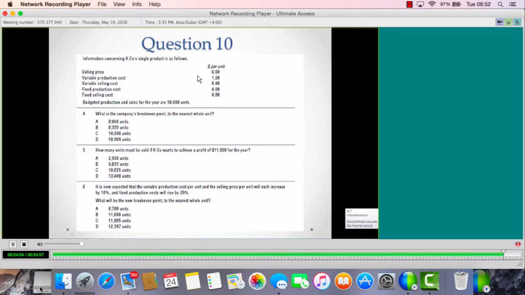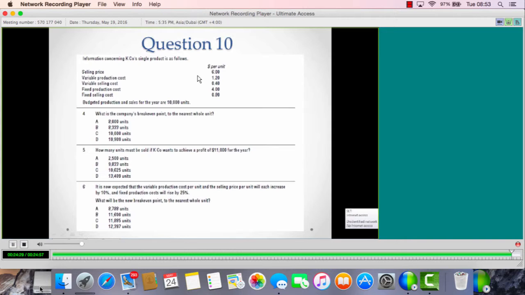Tell me now, to calculate the break-even point, what should you know? The contribution. Contribution or contribution per unit? Contribution per unit. And what is the other element?